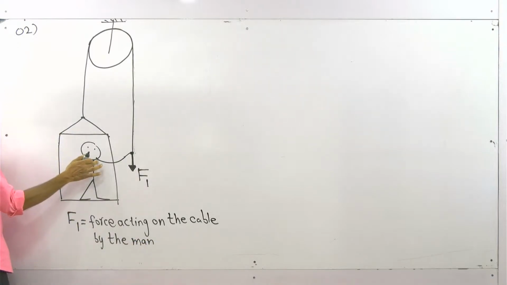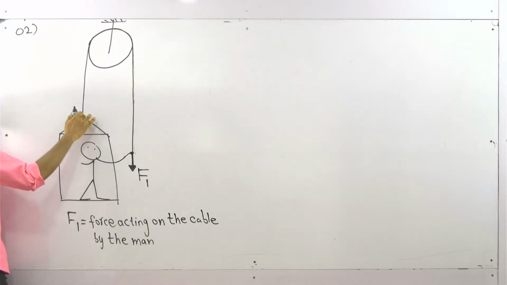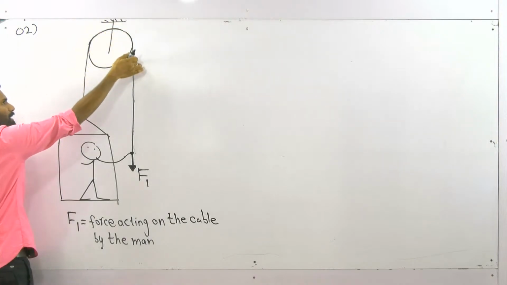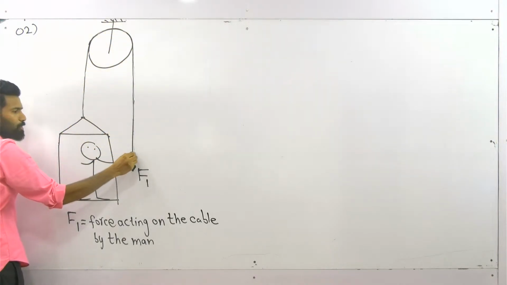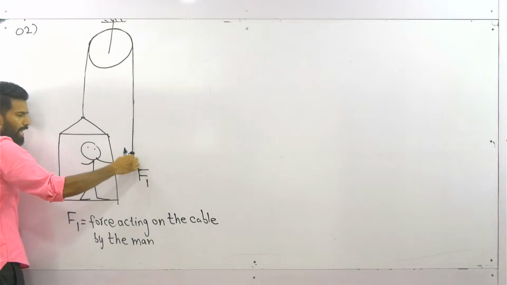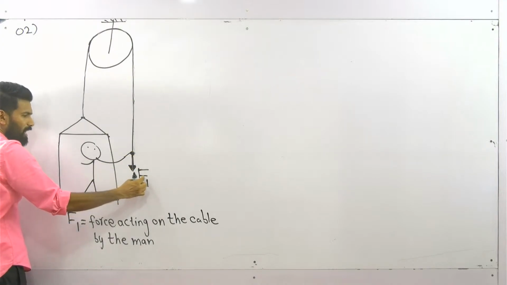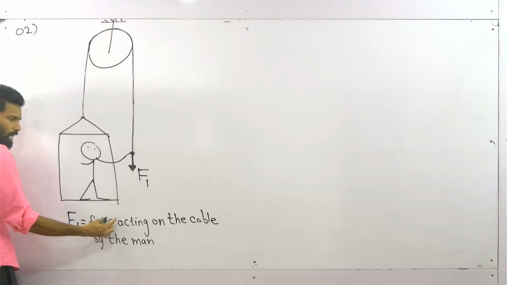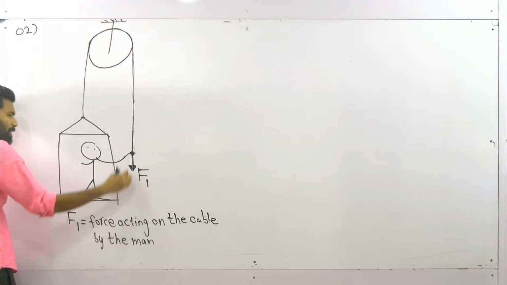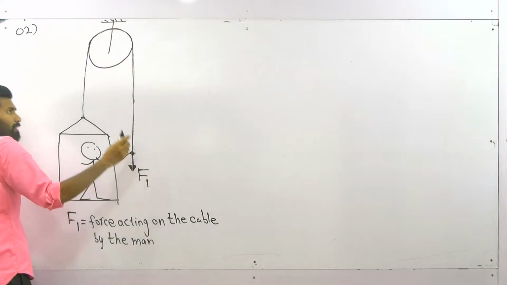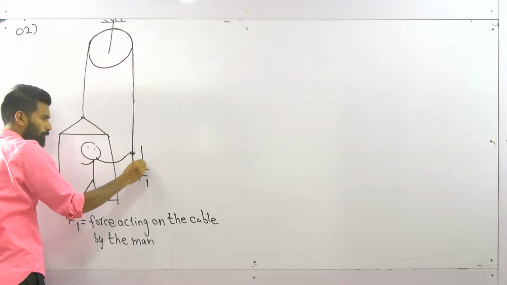He's inside the lift, and there's a cable connected to the top of the lift, and it's passing over a pulley. Then it comes from the other side, and this man pulls the cable downward. I marked it as F1, the force acting on the cable by the man. When he pulls the cable downward, the cable will come down.